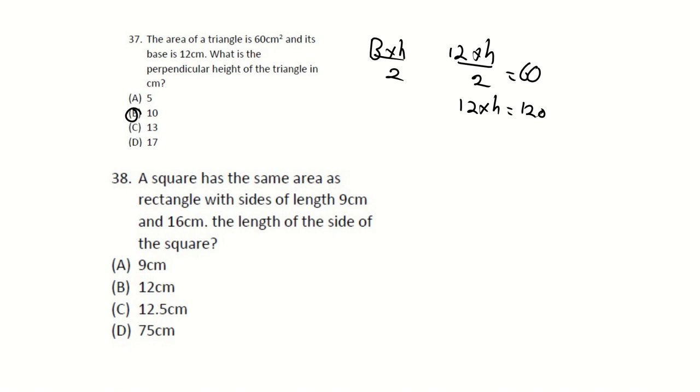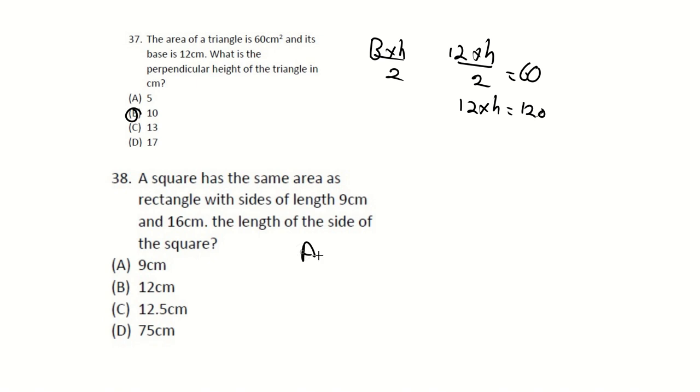The square has the same area as a rectangle with length 9 and 16. I think we did this question already, but let's do it. So the square has the same area as the rectangle with sides 9 and 16.